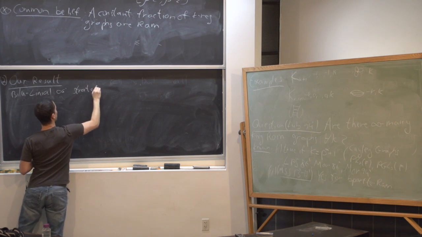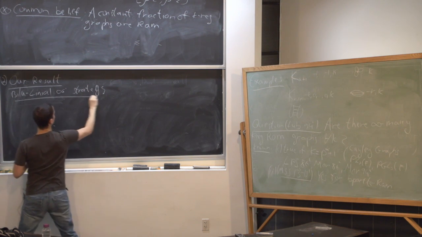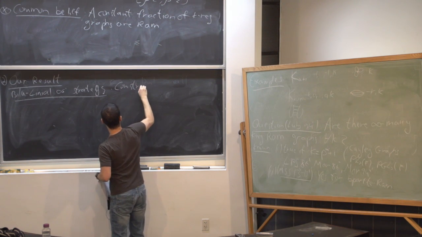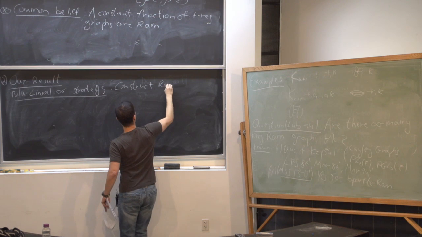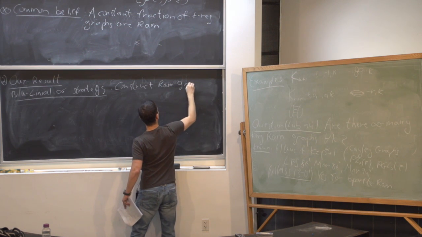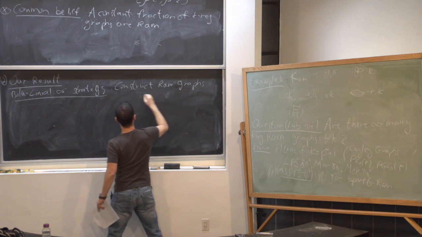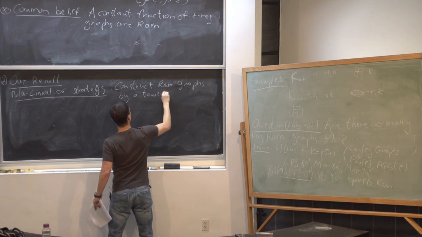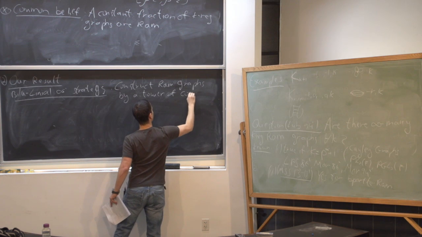The strategy was to construct Ramanujan graphs by a tower of coverings.